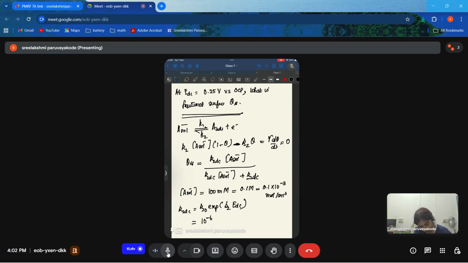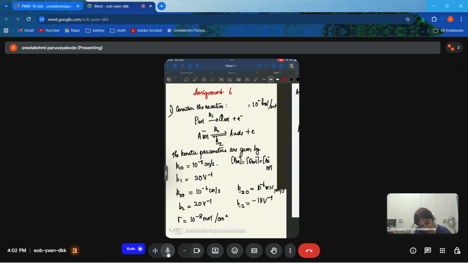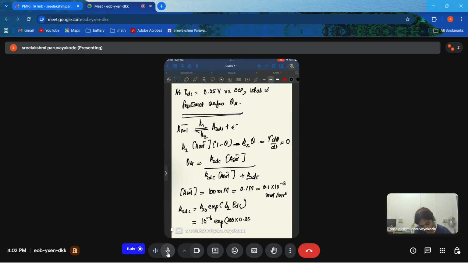K2 DC is 10 to the power minus 6 exponential of V2, which is 20 into 0.25, and that value, let me calculate, becomes 1.48 into 10 to the power minus 4. Unit same as that of K20, centimeter per second.